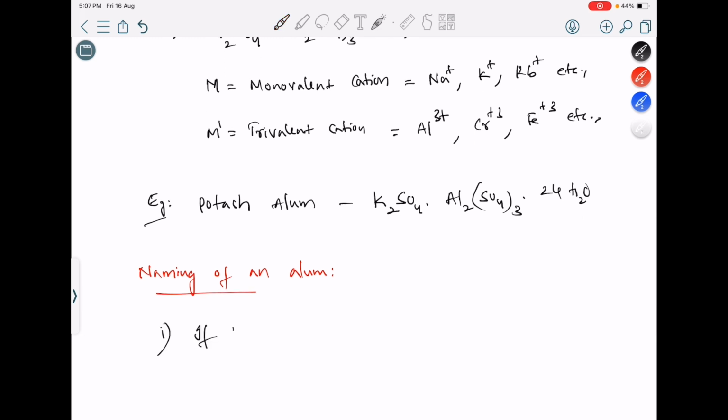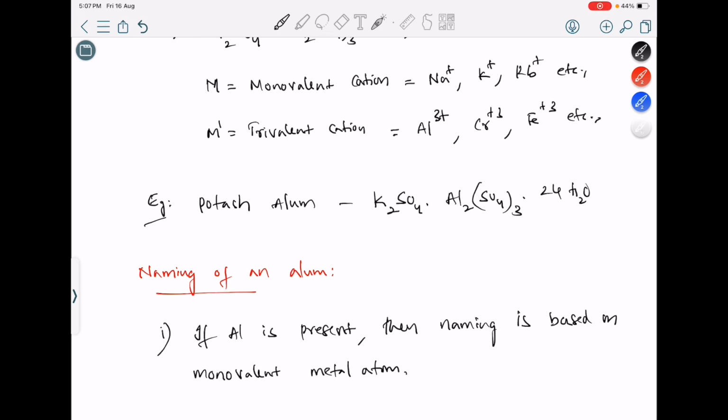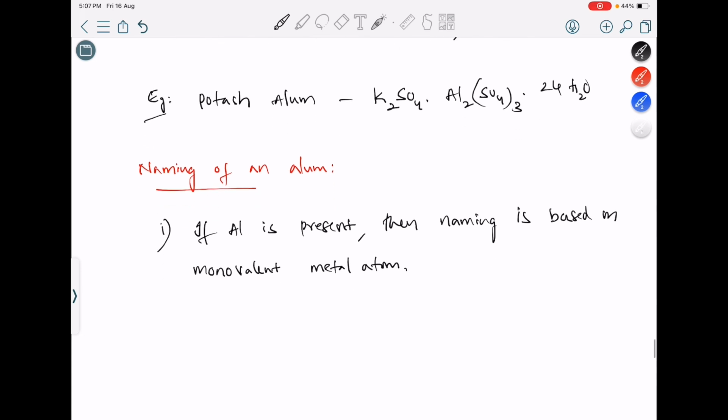In the name, if aluminum is present, I repeat, in an alum, if aluminum is present, then the naming of that alum is based on the monovalent metal atom. For example, in this alum, aluminum is present. So the naming should be done based on the monovalent atom, which is potassium. That's why the naming is potassium alum, potash alum.